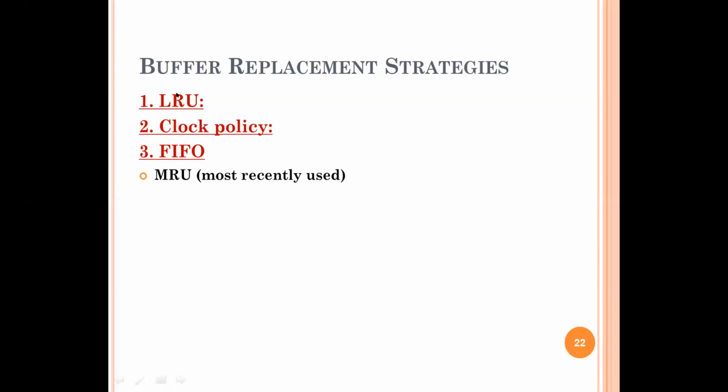So if you take the buffer replacement strategies, here buffer means the memory that is available between the main memory RAM and the secondary storage devices. And replacement means, whenever we use any variable, initially we will declare the variable.